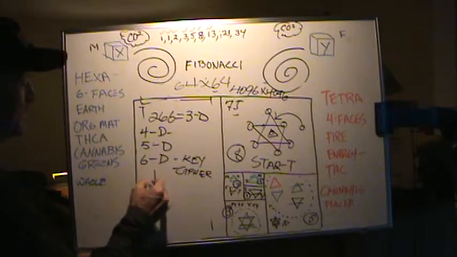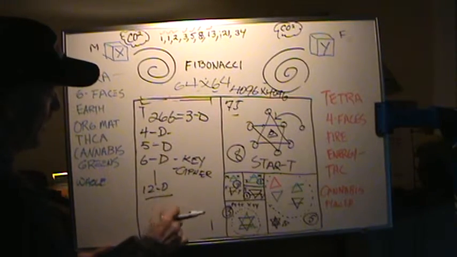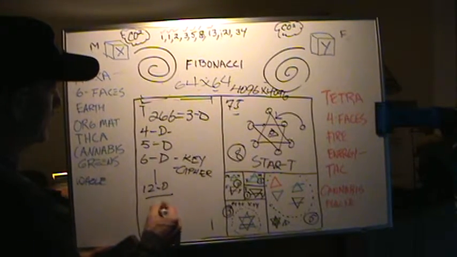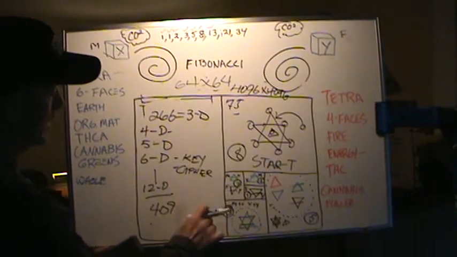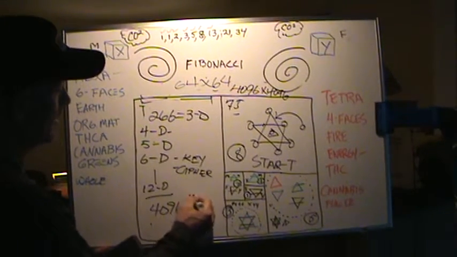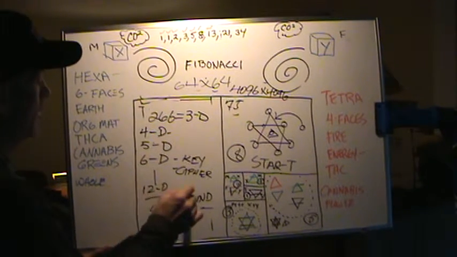This might be 6 through 12, I'm not sure, but then from there on up, there's at least 4,096 in the mind. So this is out of the heart.